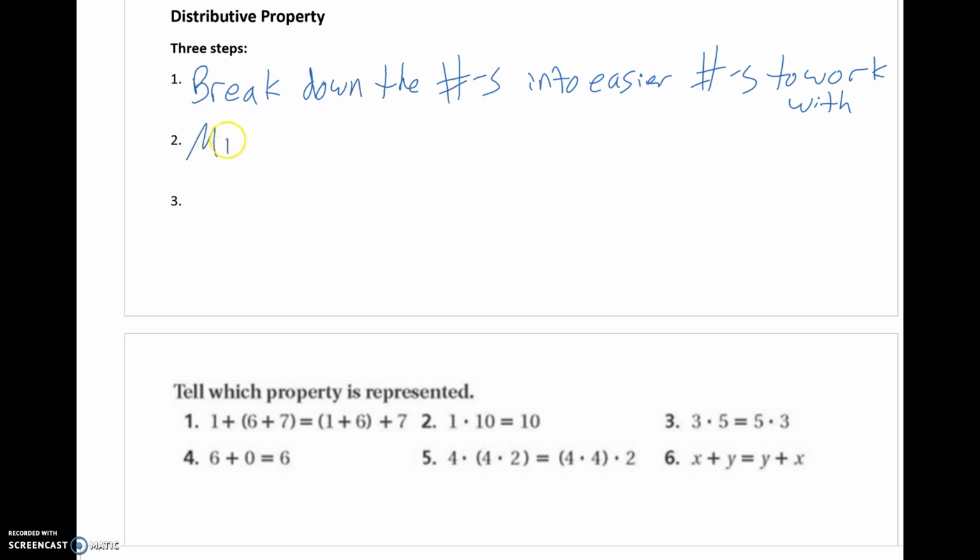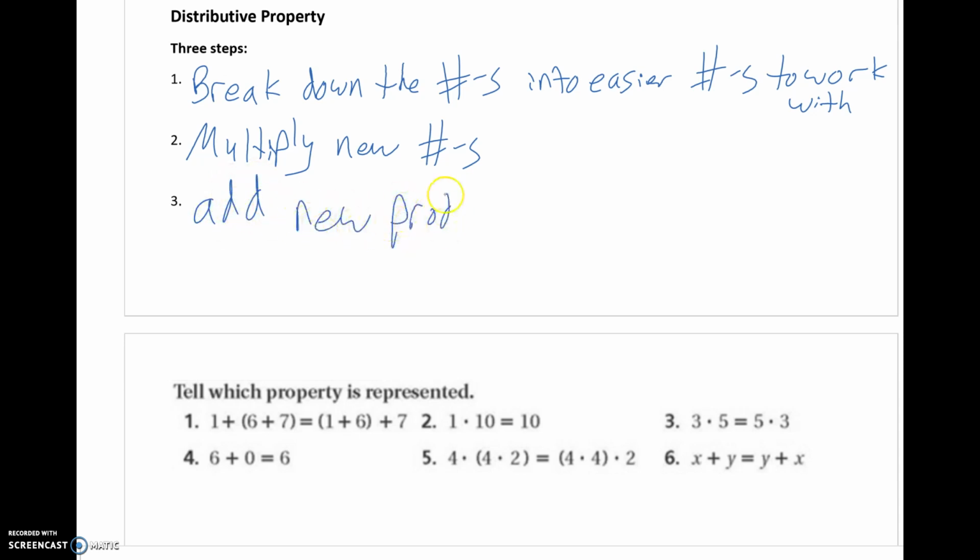Number two is you're multiplying the new numbers that you just got because you broke the first one down. Now you're going to multiply the new ones. And then you add your new products. A product is the answer to a multiplication problem. Add your new products together.